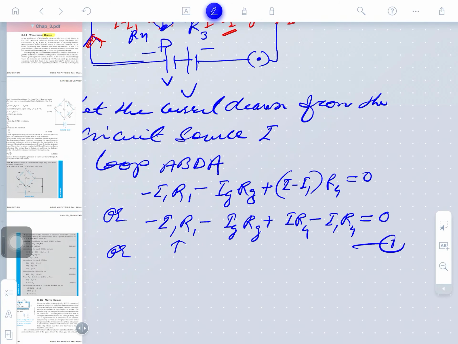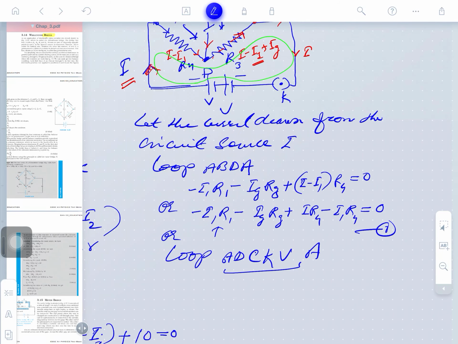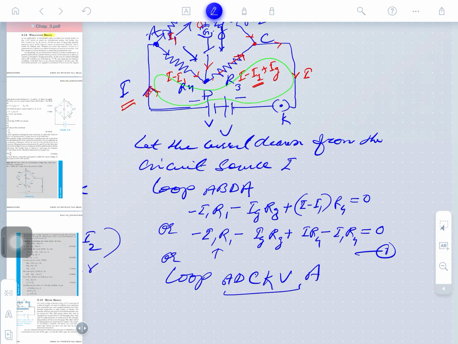This is equation 1. Now the second loop can be taken, starting from the battery. What is the name of this loop? We can name it A, D, C, and then V, or again A. So what is A to D?